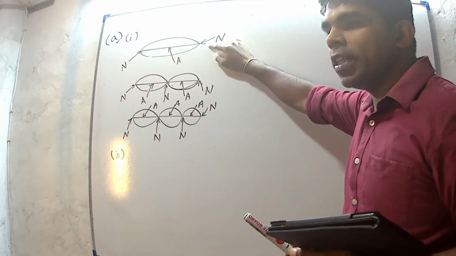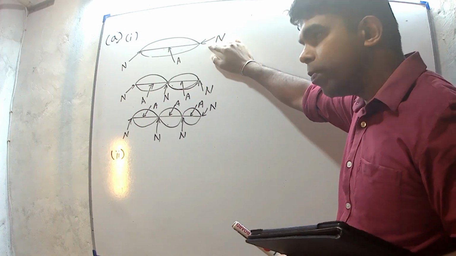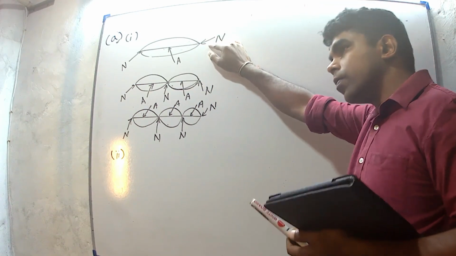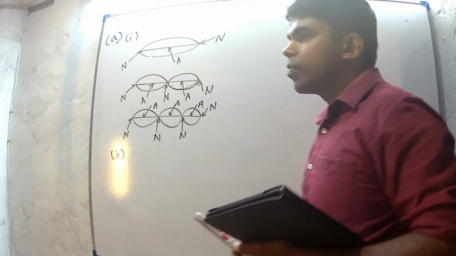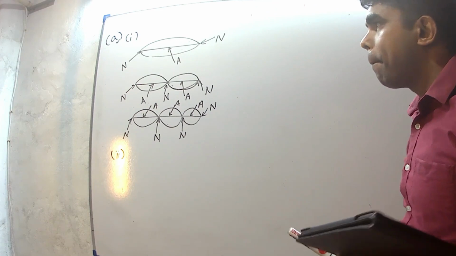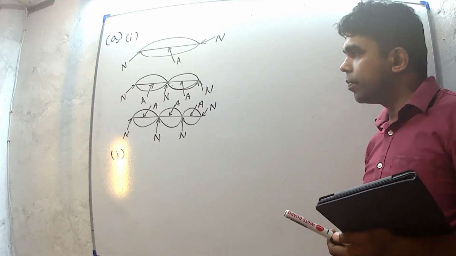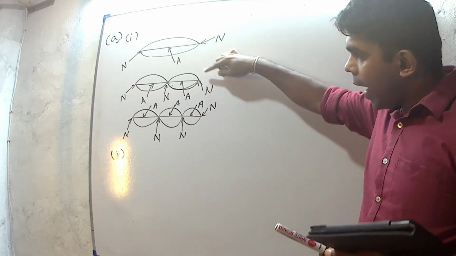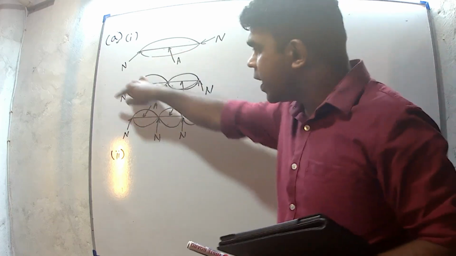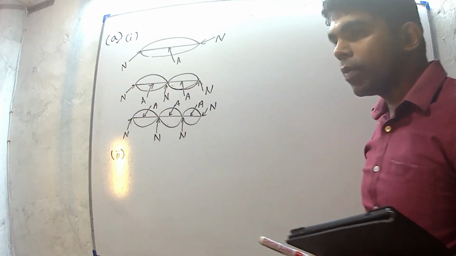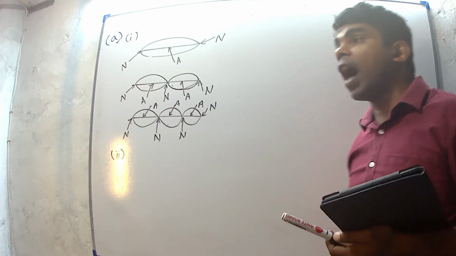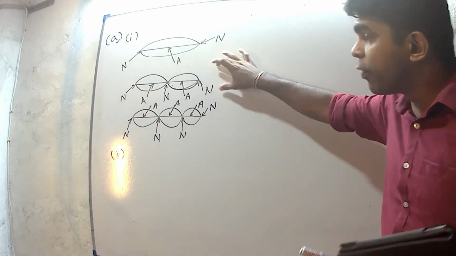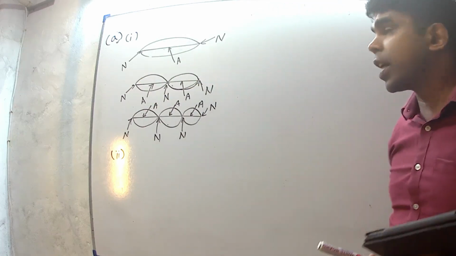At the fundamental, there is only one loop, and this one is the first harmonic. This is the first overtone. At the first overtone, there are two loops. It is the second harmonic.